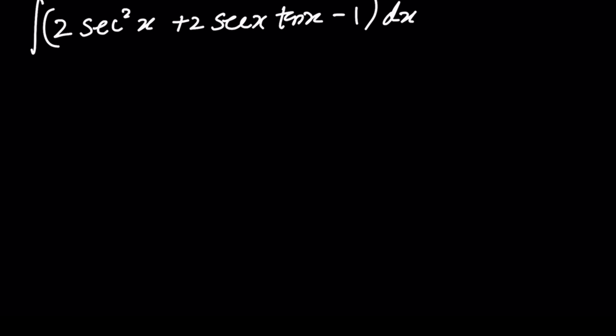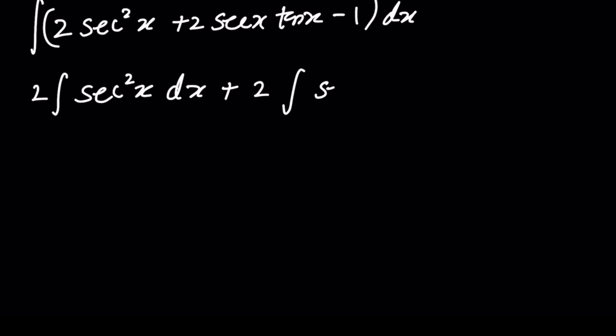So split it into separate integrals. We're going to write it as 2 integral secant squared x dx plus 2 integral secant x tan x dx minus 1 dx.